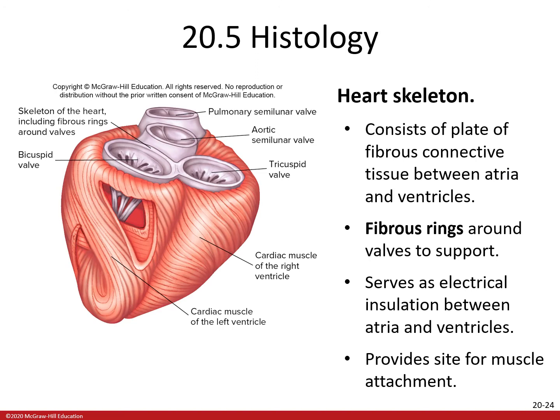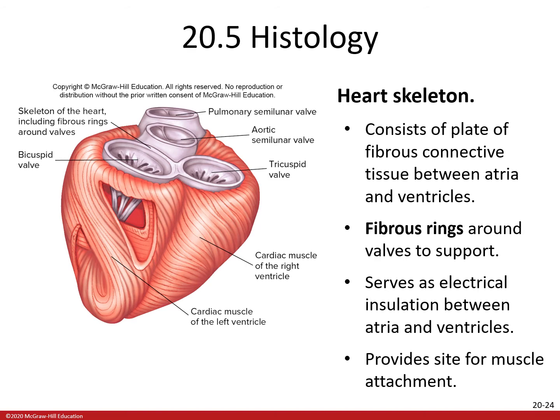Now that we have talked about the flow of blood through the various anatomical structures of the heart, let's talk a little bit more about the histology of the heart. This is, if you remember histology, going to include the tissues of the heart, if you will.